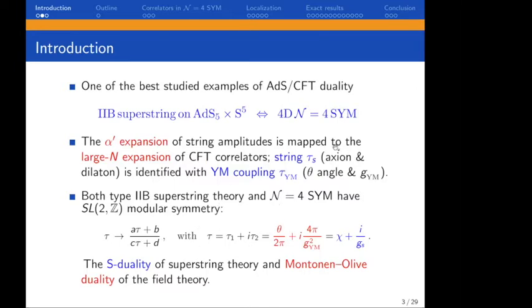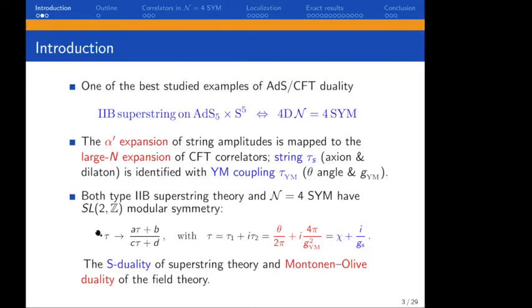I already said that we will consider the complex coupling. In the case of the Yang-Mills theory, it is the theta angle plus 1 over g Yang-Mills squared. In the case of string theory, it is given by the expectation value of the axion and the g string, where g string is basically the expectation value of the dilaton.